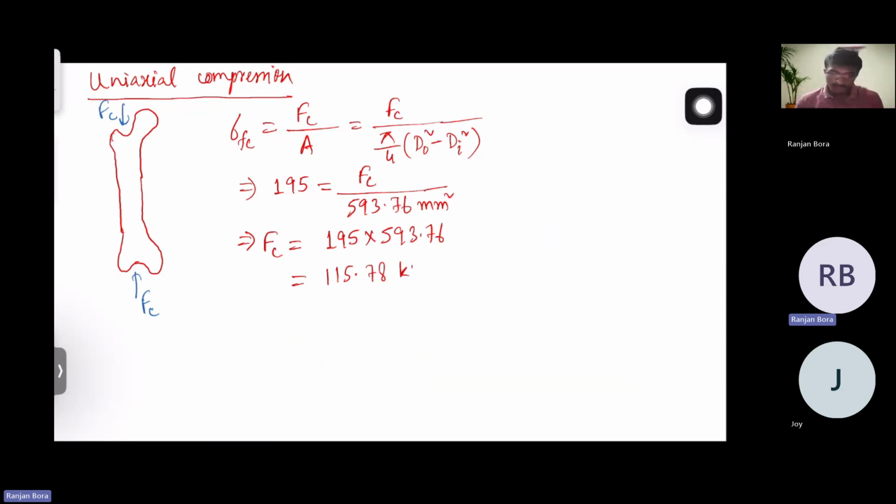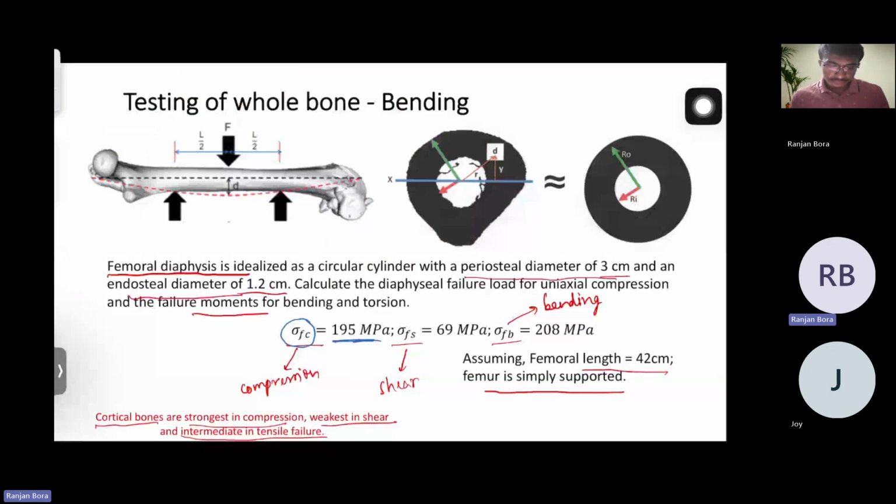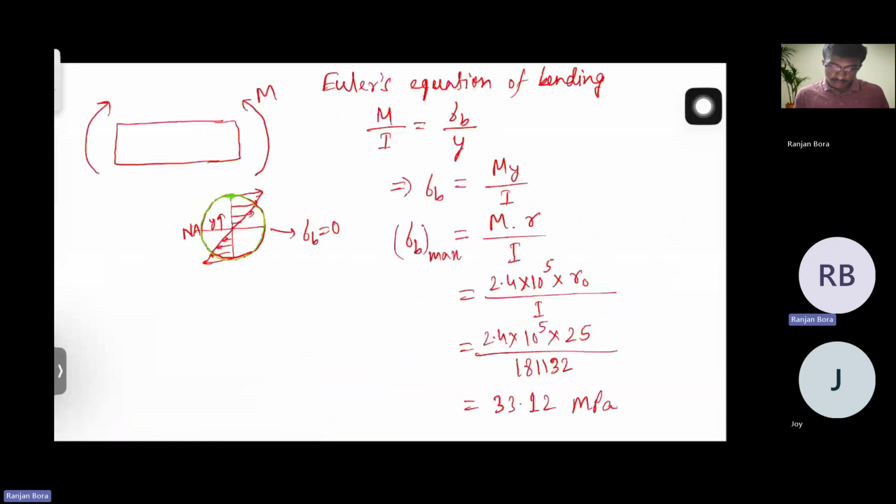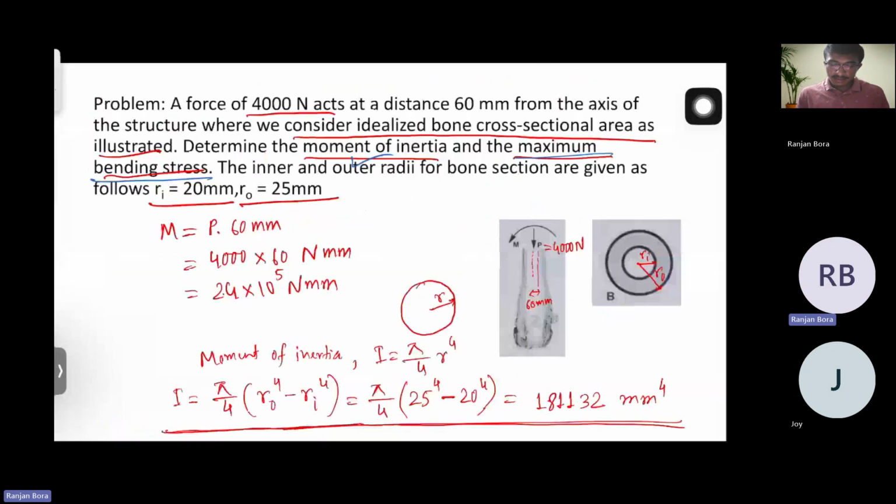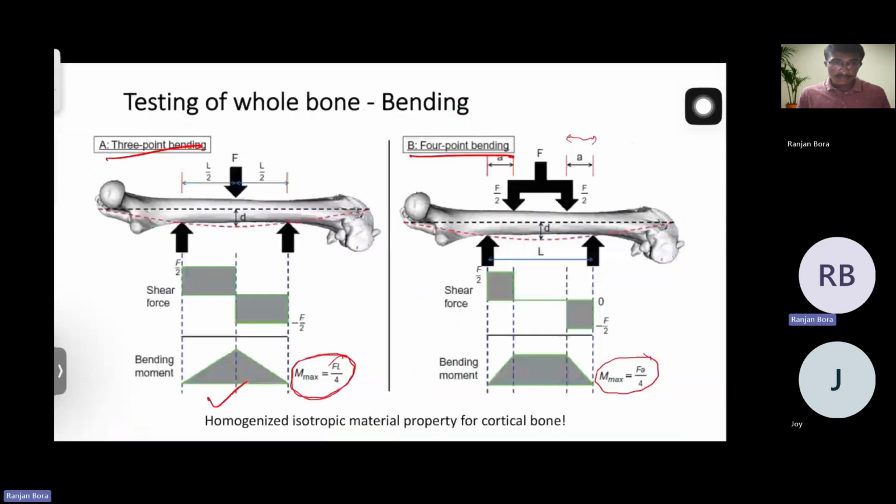Now the next case is the failure moment for bending. In this case, this is a type of 3-point bending. In 3-point bending, we have seen that the maximum bending moment is FL divided by 4, where L is the distance between the two supports.